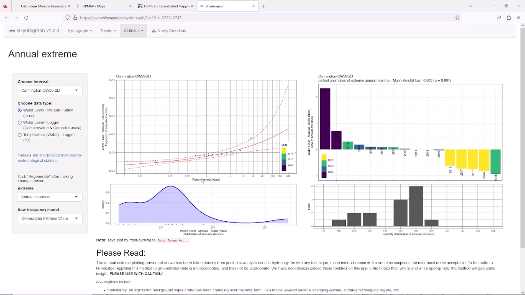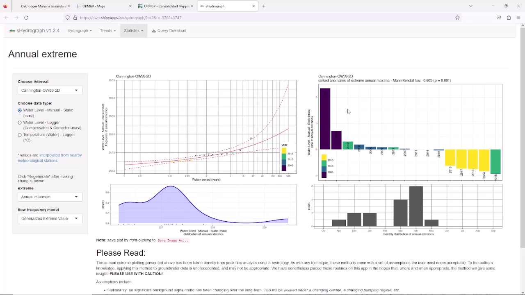For groundwater, the return period is the occurrence of water level values. So roughly every 20 years, we have seen a water level as high as almost 260. That's a loose way of estimating what the extreme water levels could be at that particular location.